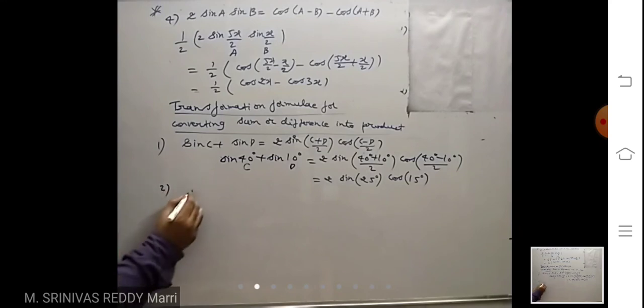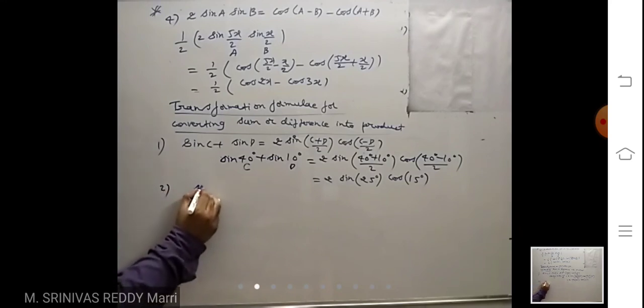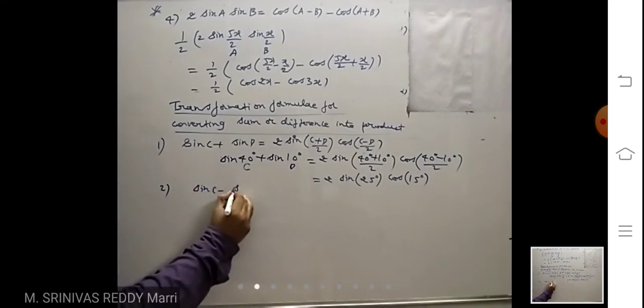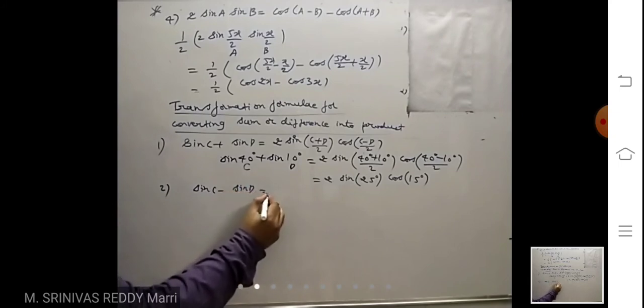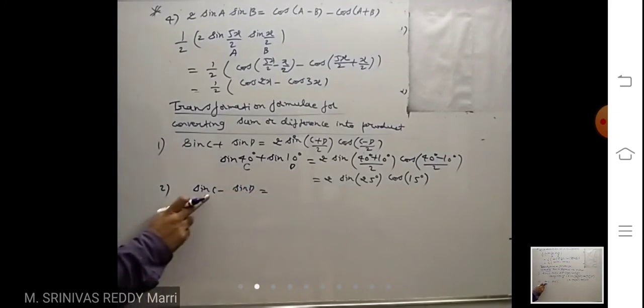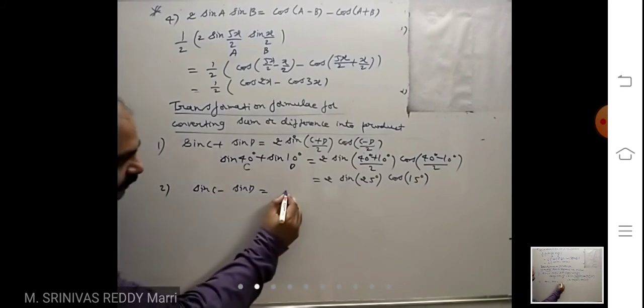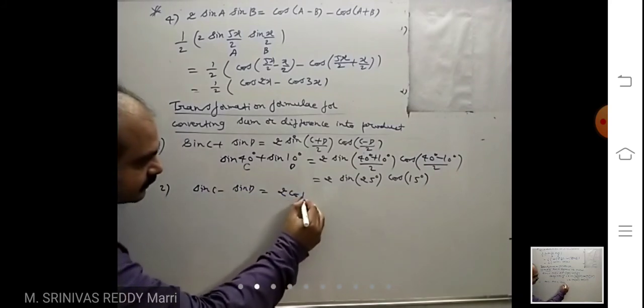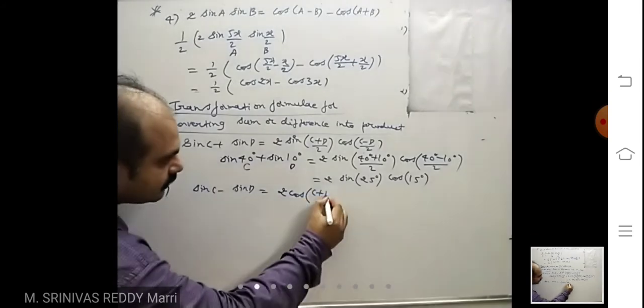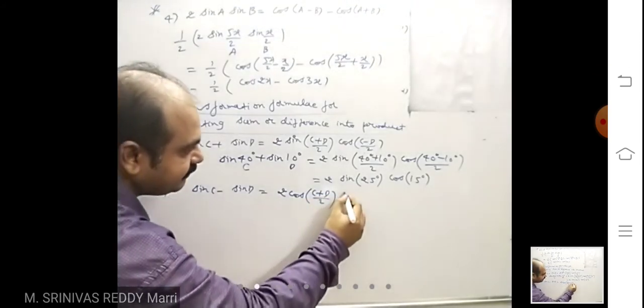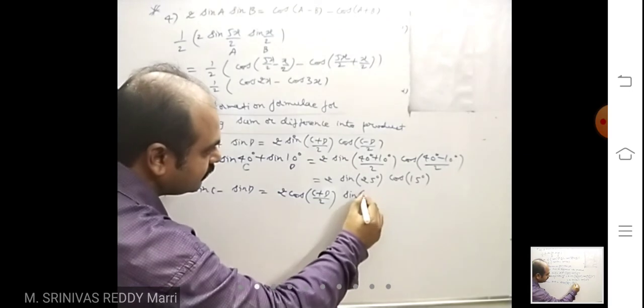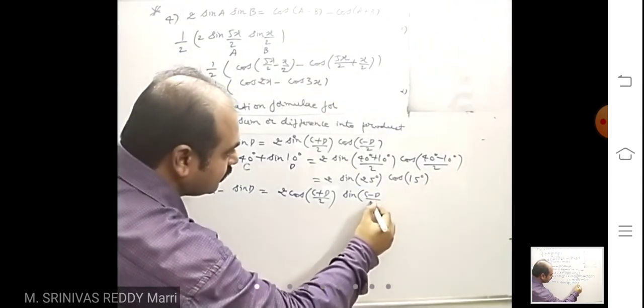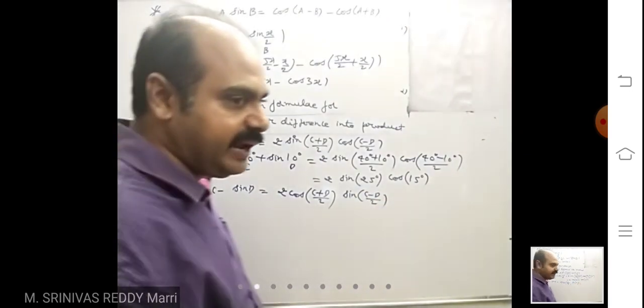Next, second formula. Suppose difference of sines are there, sign in between minus. So this formula is 2 cos C plus D by 2 sin C minus D by 2.